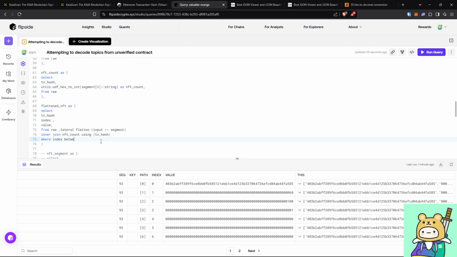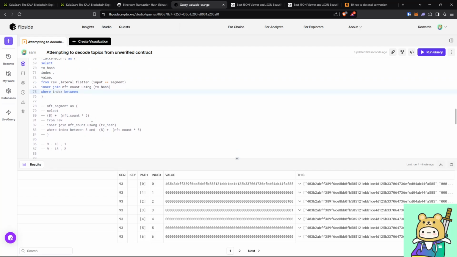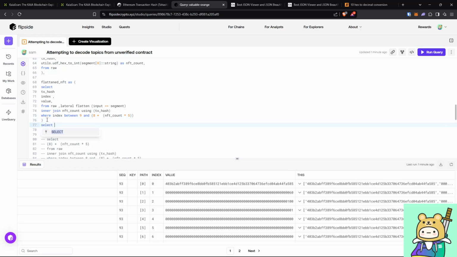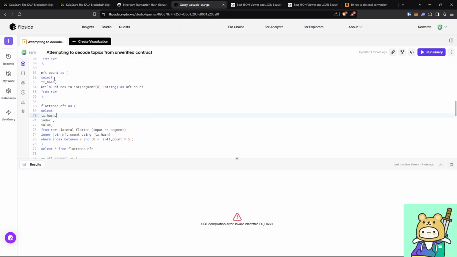And I want to say my filter would be where index between 9 and then this thing. Yeah, I think that makes sense, right? Invalid. Oh, okay. Valid identifier.